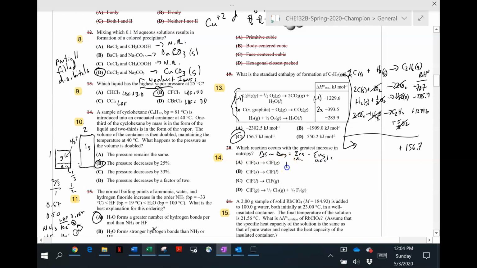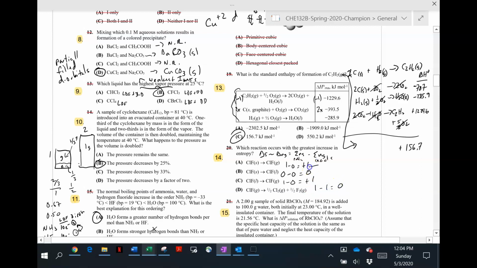So here I have 1 minus 0, that's plus 1. Here I have 0 minus 0, 0. Here I have 1 minus 0, that's plus 1. Here I have 1 minus 1 is 0.